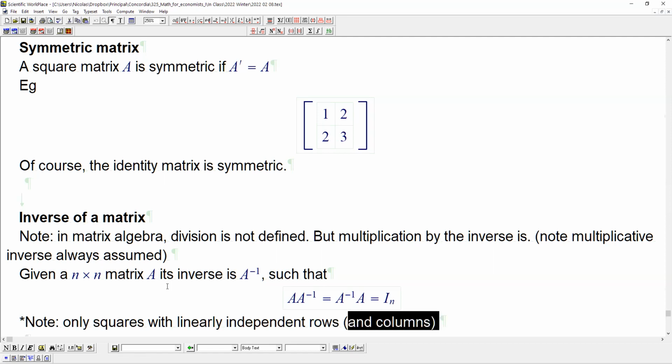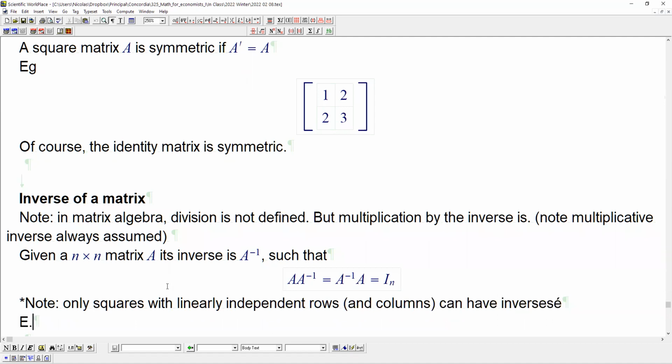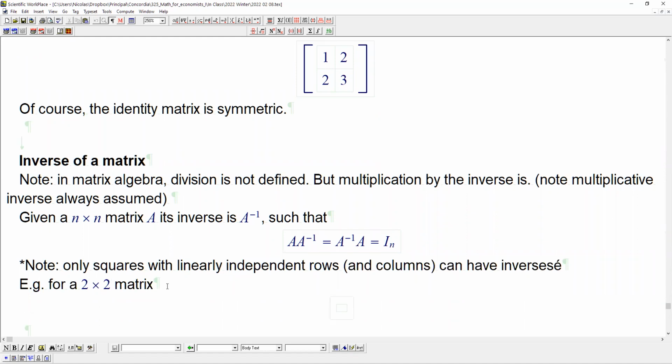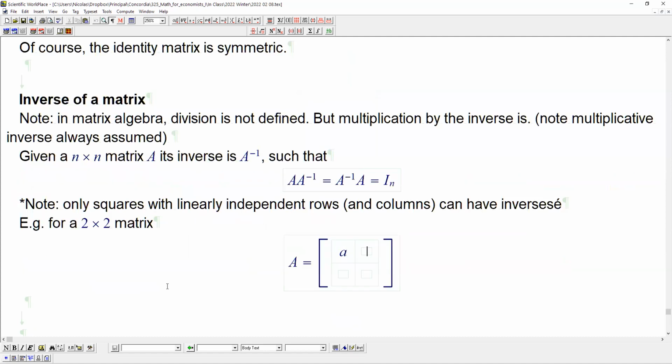So I'm going to say what we mean by this. Matrices can have inverses. Example, for a 2x2 matrix, A equals ABCD, and A inverse.